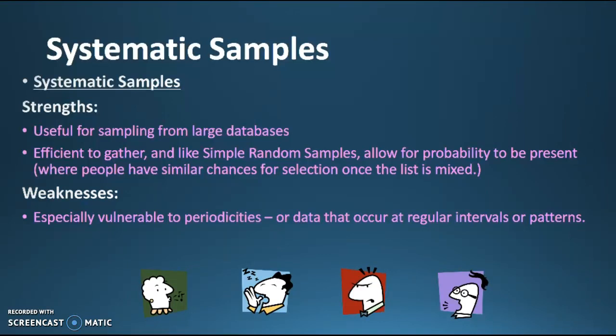Weaknesses, it can be vulnerable to what we call periodicities, data that occurs at regular intervals or patterns. And so when you see what I call data clumping, things where large numbers of records all swell together, it might not be the best thing to do. So you have to think about that.